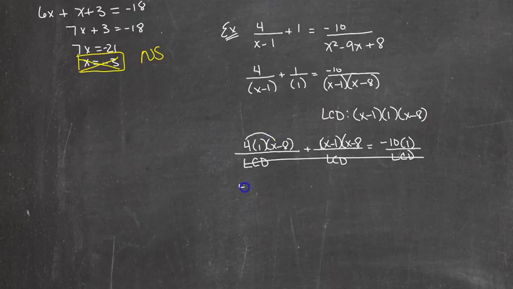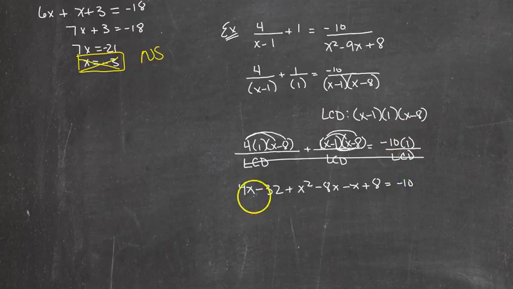I have 4x minus 32 plus x squared minus 8x minus x plus 8 equals negative 10. Let's combine everything. I'm going to use cross out.